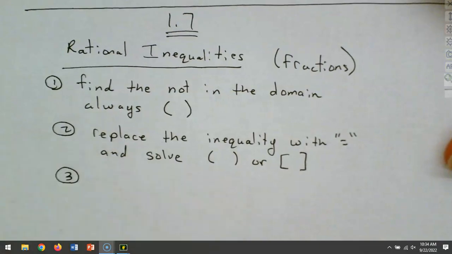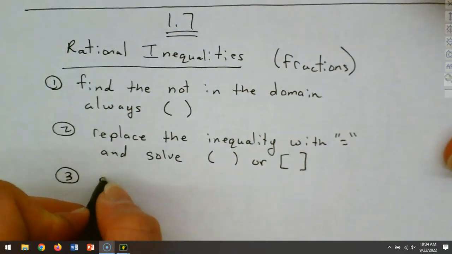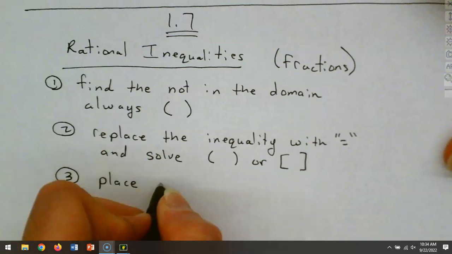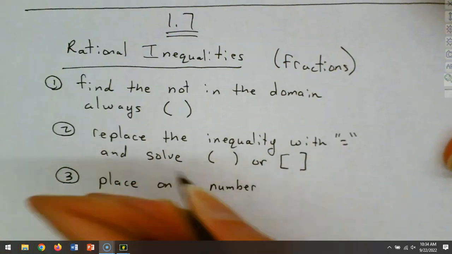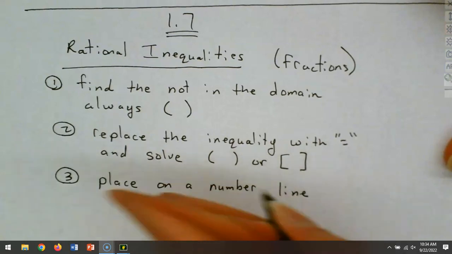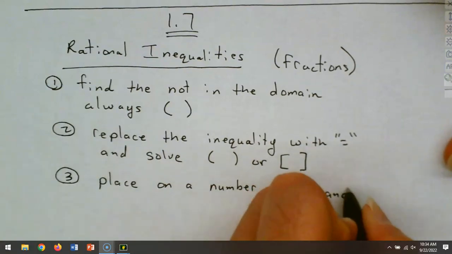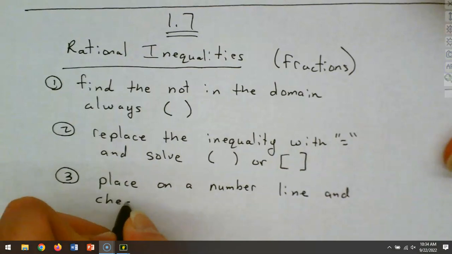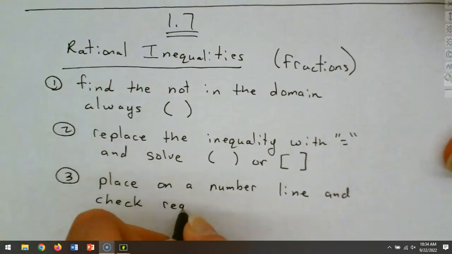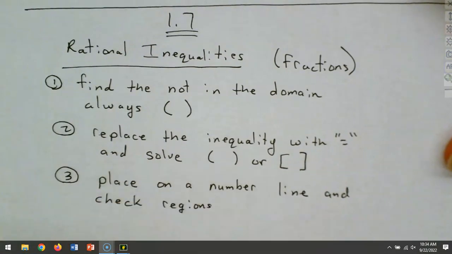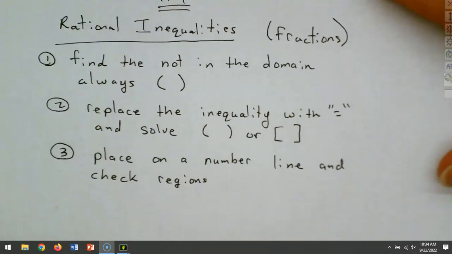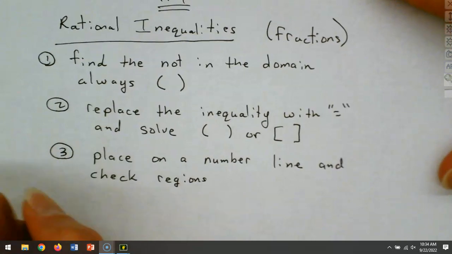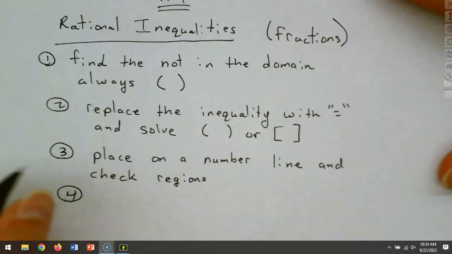Once you got those, you put them on a number line and check regions. Okay, so put them on a number line, and you check the regions. And your answer will be the true regions again.